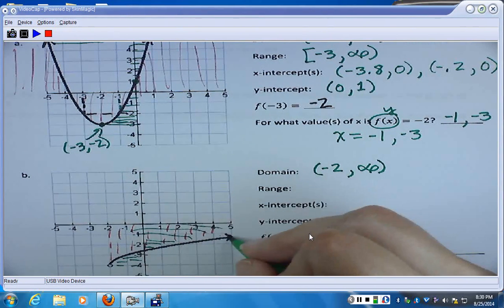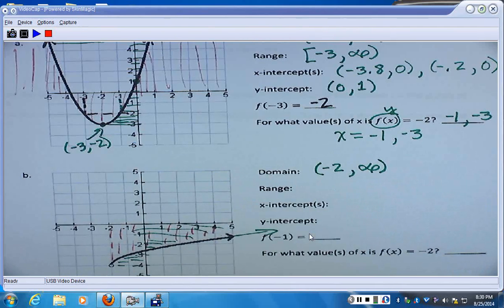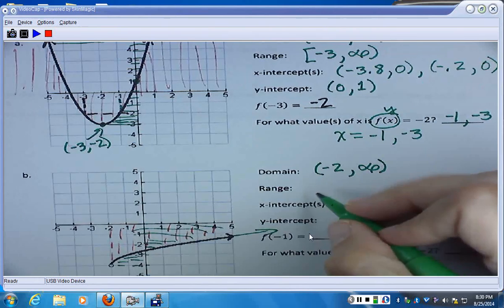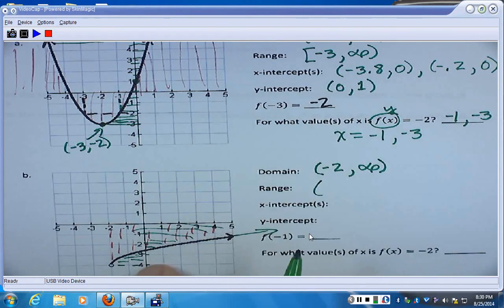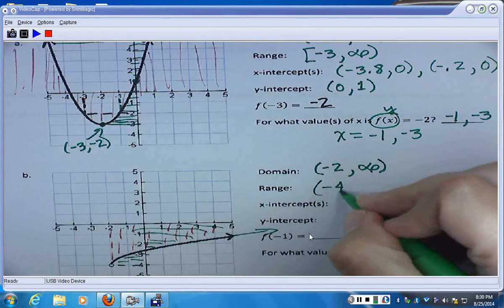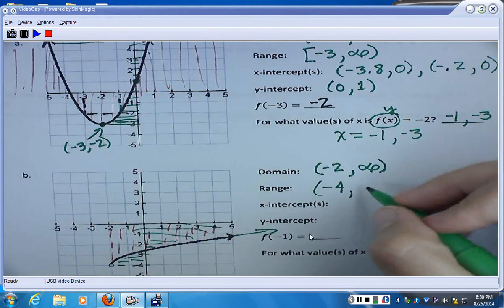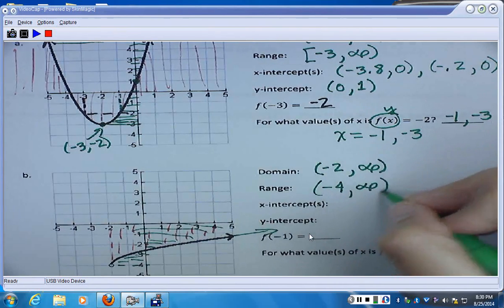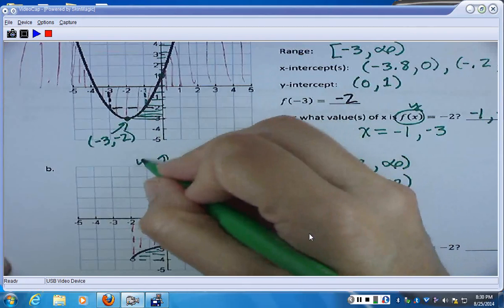You assume this goes up at an angle and keeps going up. So we start with negative 4 and go to infinity on the y.